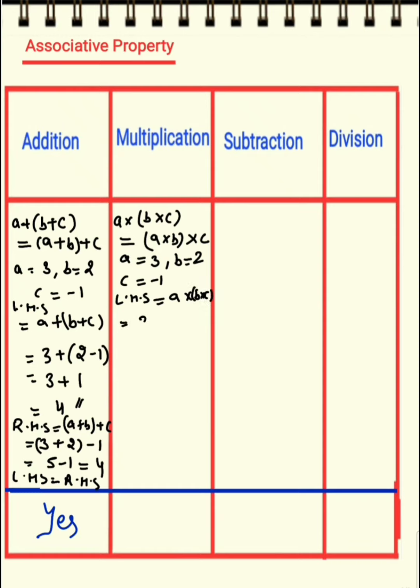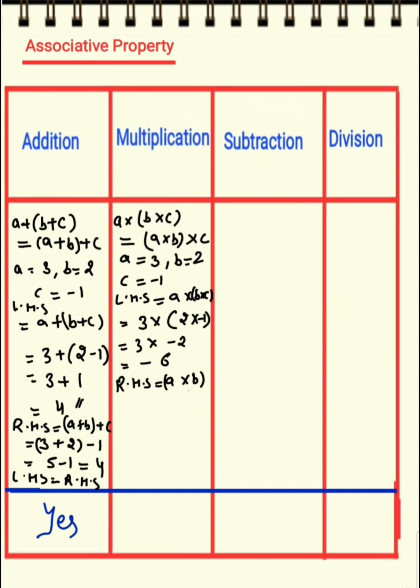So a is equal to 3 multiplied by b is 2 and c is negative 1. So first I have to multiply b with c. So I'll get what? I'll get negative 2, correct? And then I have to multiply this 3 with 2. I'll get negative 6.